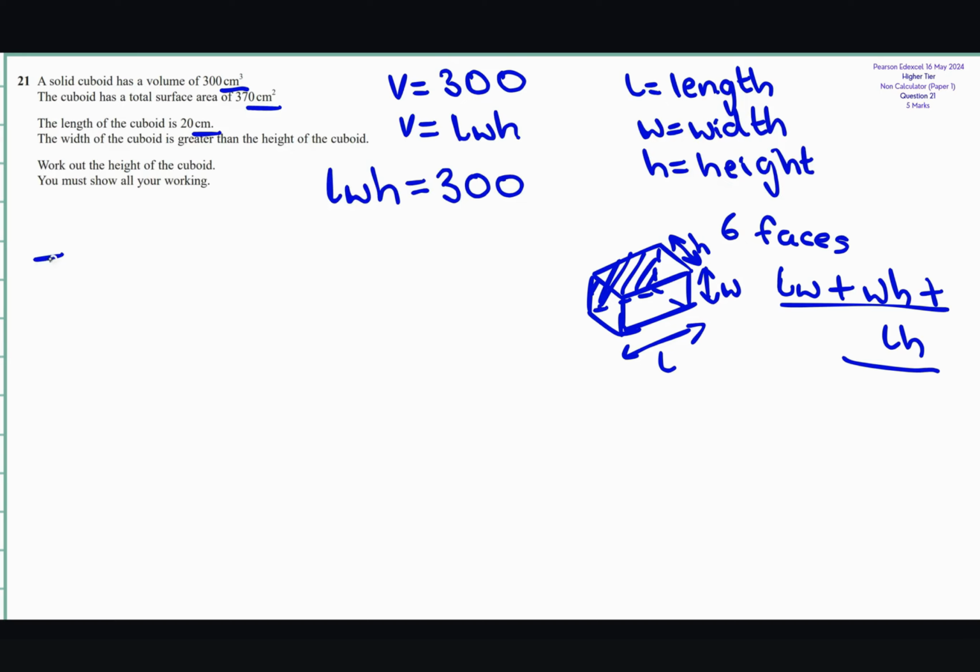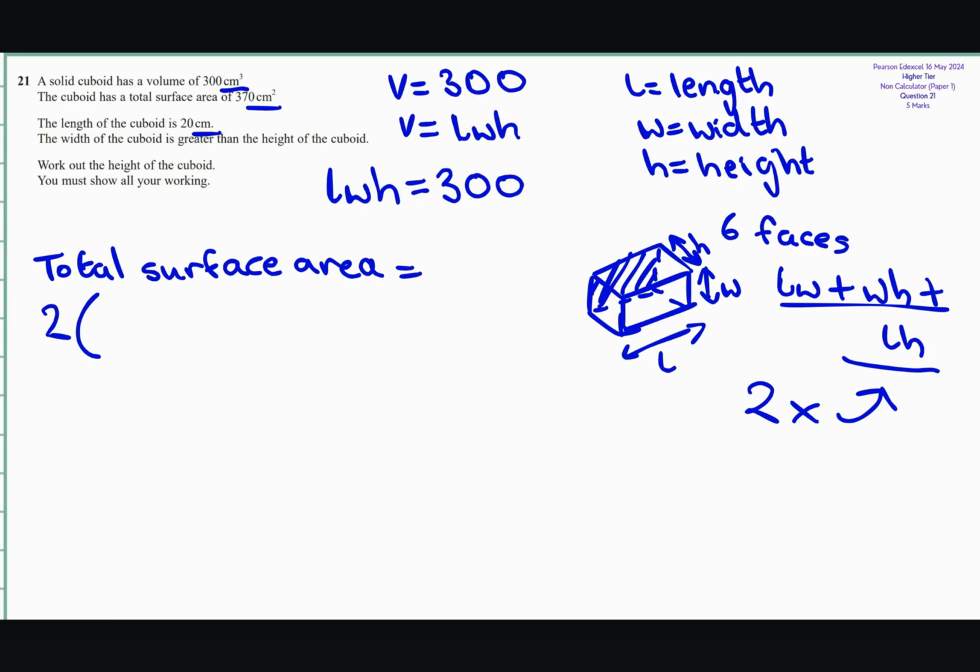This means that total surface area is equal to 2 times all of this. So that is equal to 2 times (LW plus WH plus LH), which is equal to 370. Now let's simplify this equation a bit. Let's divide by 2 on each side.